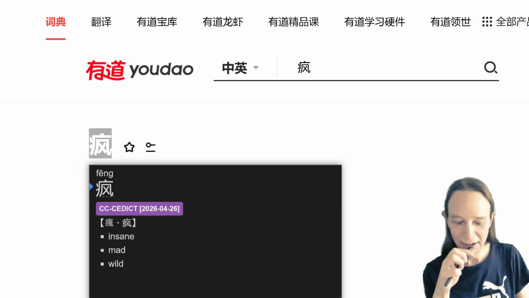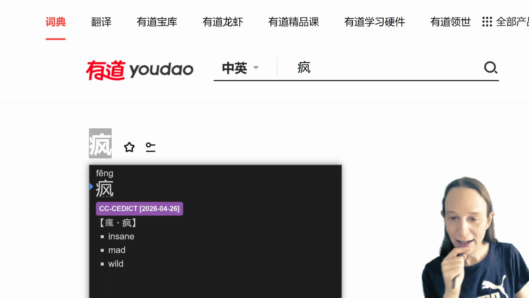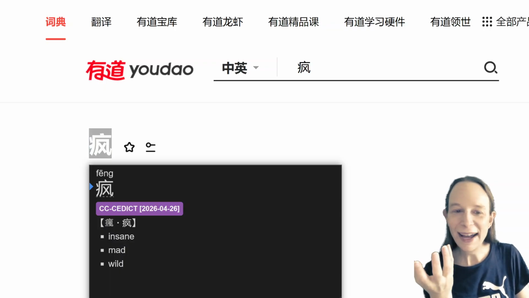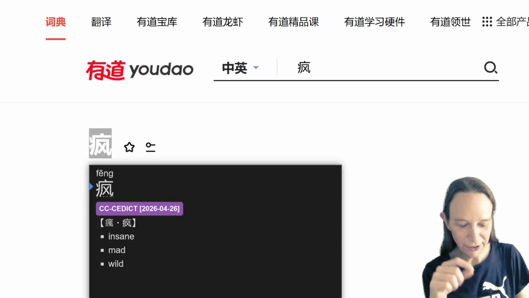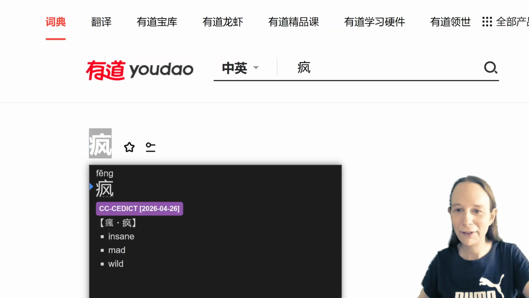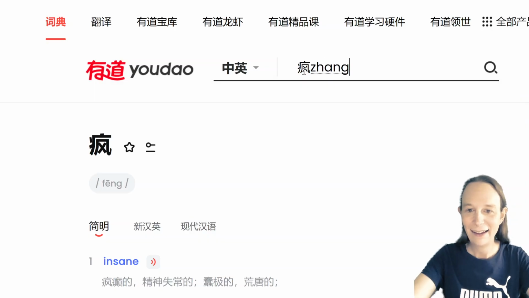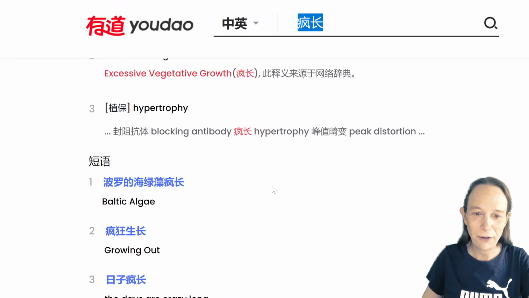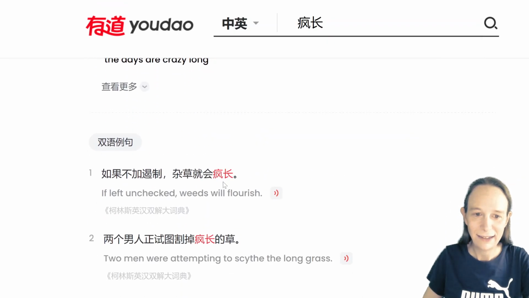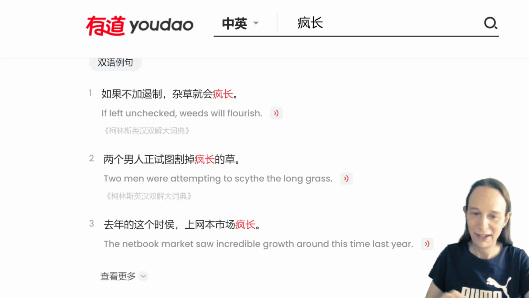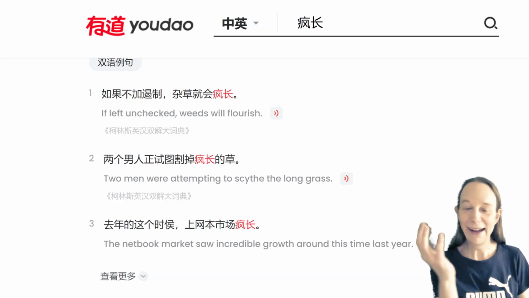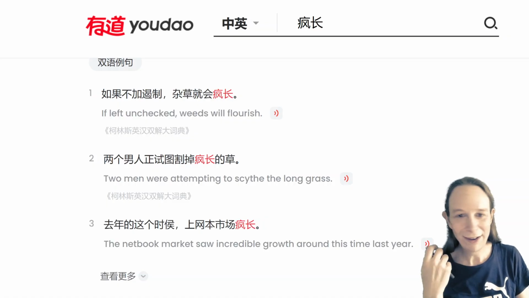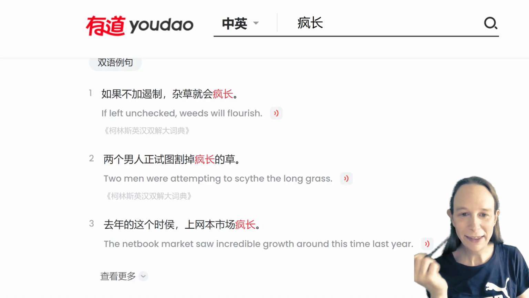So feng refers to crops growing lush but not producing fruit. 疯长, yeah. Maybe overgrowth. Weeds will flourish. 疯长的草. All right. I feel like I could infer that from context. I'm quite aware that grass does not go crazy.